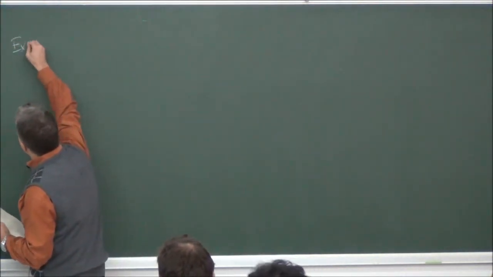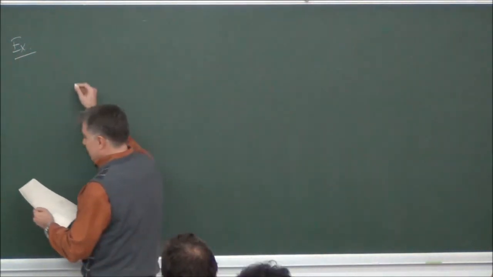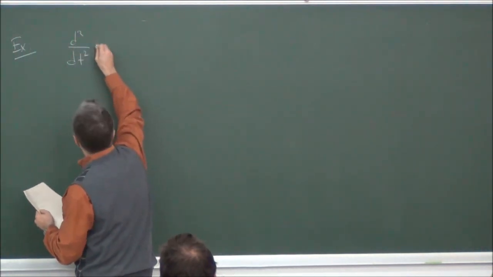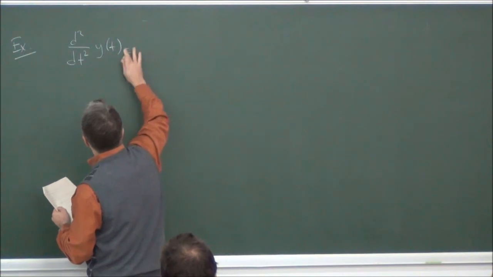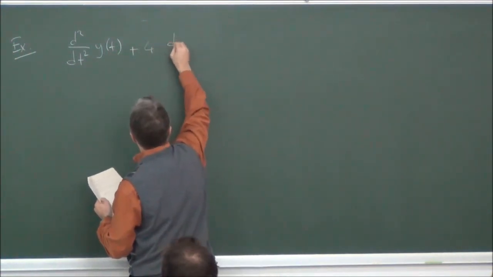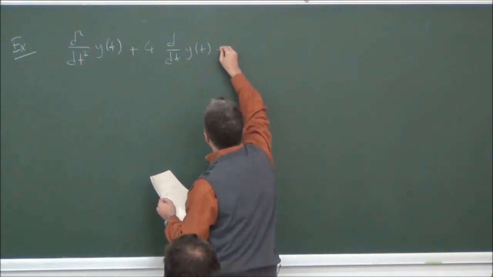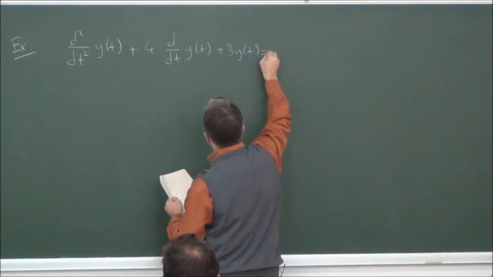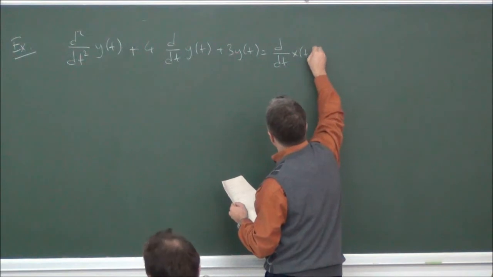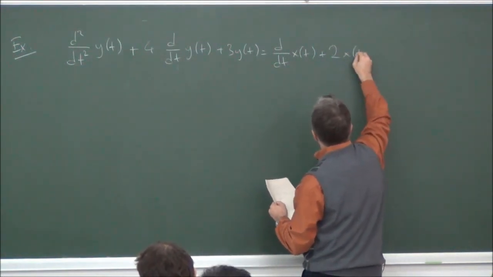What I mean can be exemplified with this example. The second-order differential equation: the second derivative of y(t) plus 4 times the derivative of y(t) plus 3 times y(t) is equal to the derivative of x(t) plus 2 times x(t).